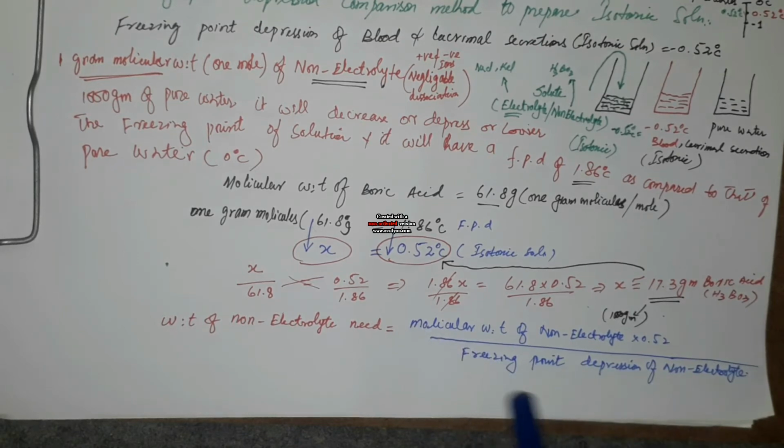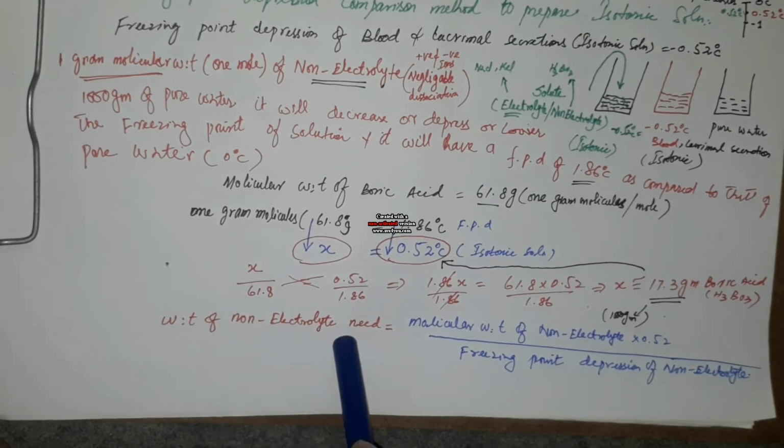What should be the freezing point depression of a non-electrolyte? This should be the freezing point depression of the non-electrolyte having a weight of 1 mole, and it is usually given in the literature, so we can find the weight of non-electrolyte needed to produce an isotonic solution.